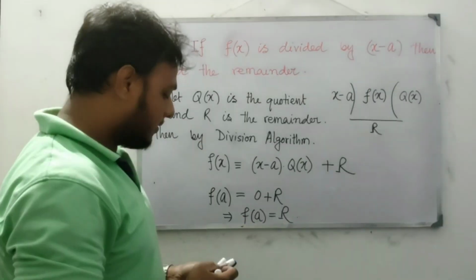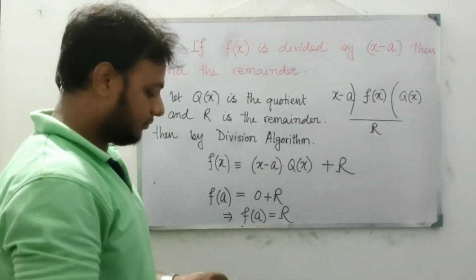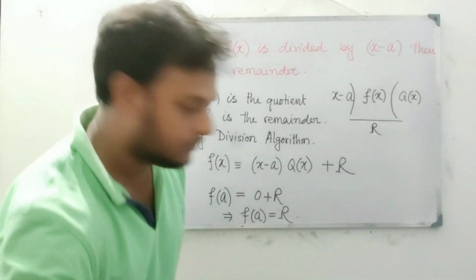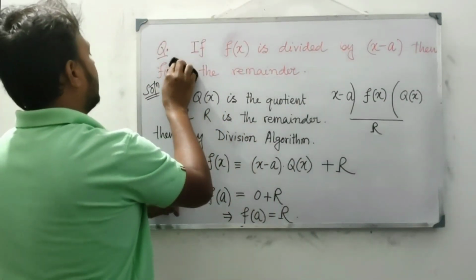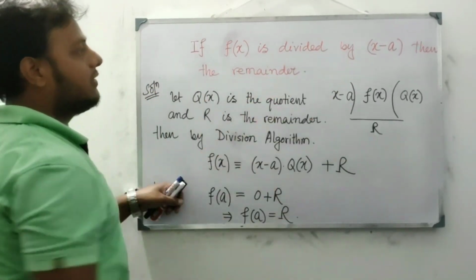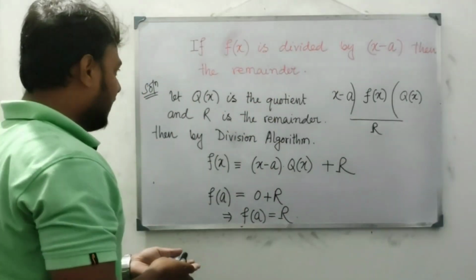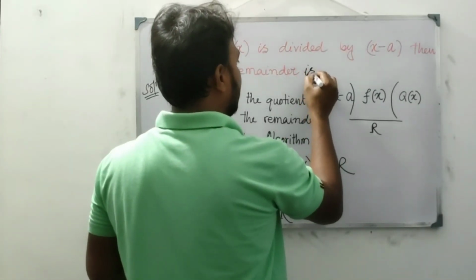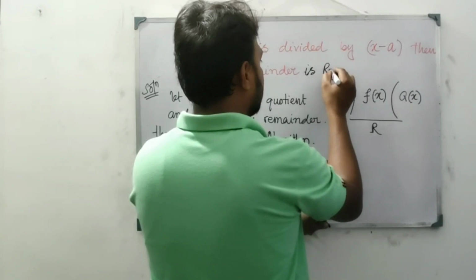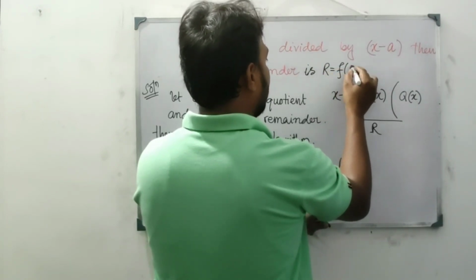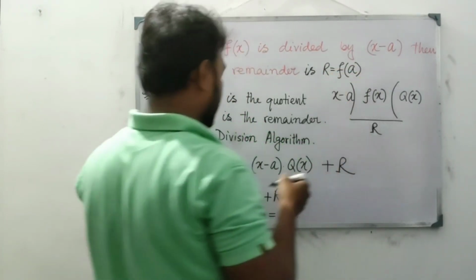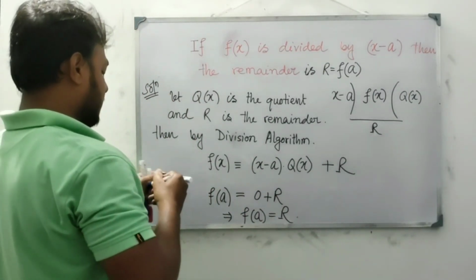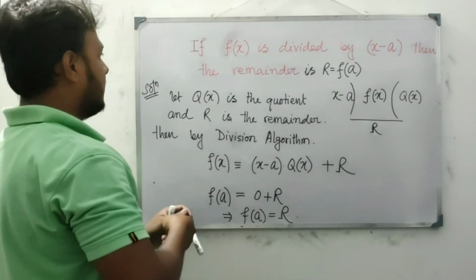So write down this part, that if f(x) is divided by x minus a, then the remainder is r equals f(a). Remainder means r equals f(a), and you have to memorize it. This line.